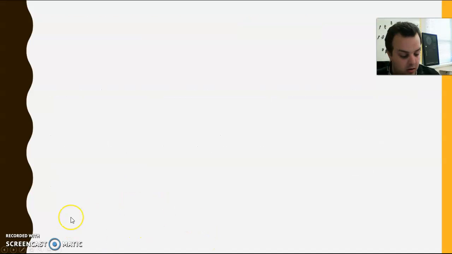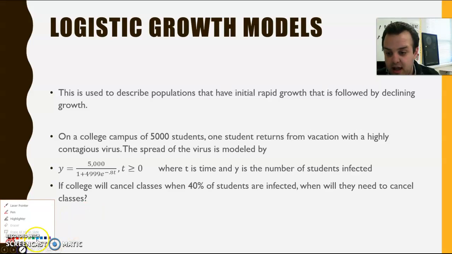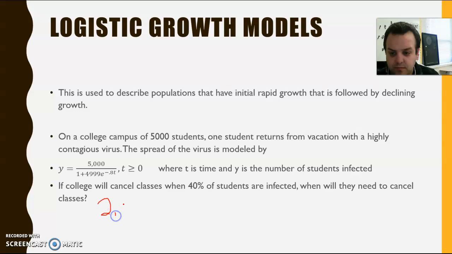So we're going to say that 2,000 is going to equal the 5,000 over 1 plus 4,999 e to the negative 0.8t.